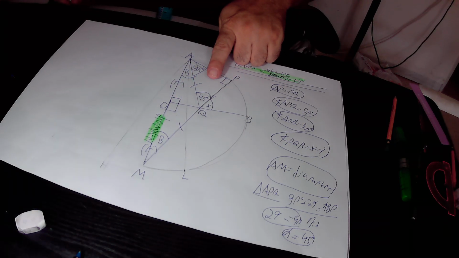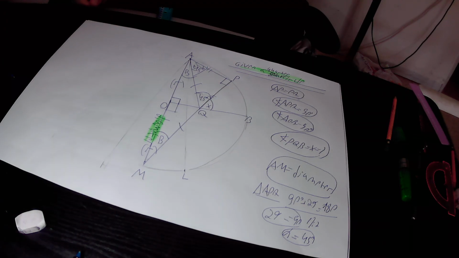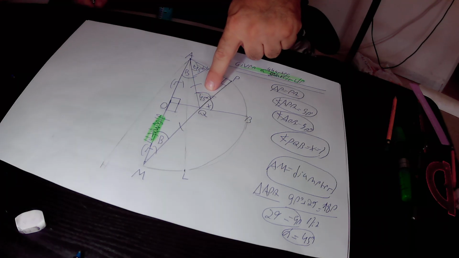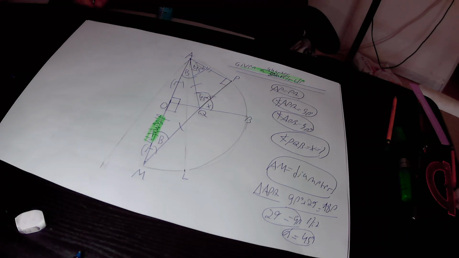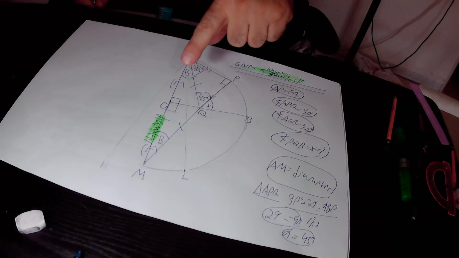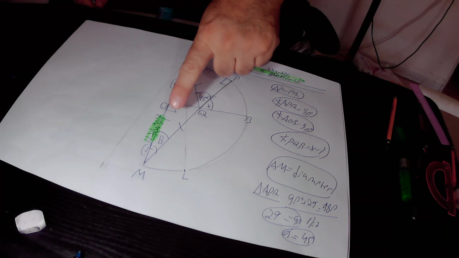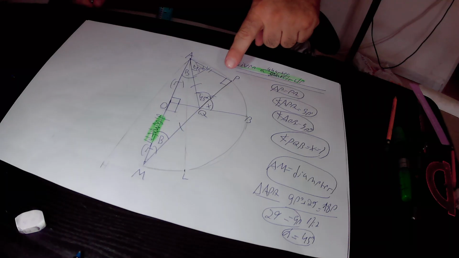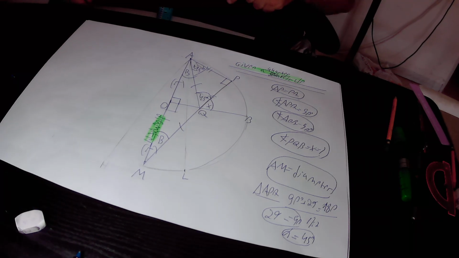So the size of the external angle AQP, according to rule 8, must be equal to the sum of the two angles that are not adjacent to it. This is angle AQM that is definitely adjacent to angle AQP. The two other angles in triangle AQM that are not adjacent to angle AQP are those two angles, that is to say beta and beta. So beta plus beta equals the external angle AQP, according to rule 8.